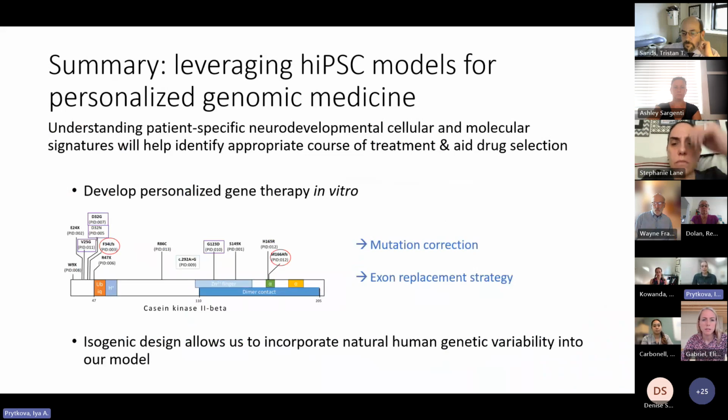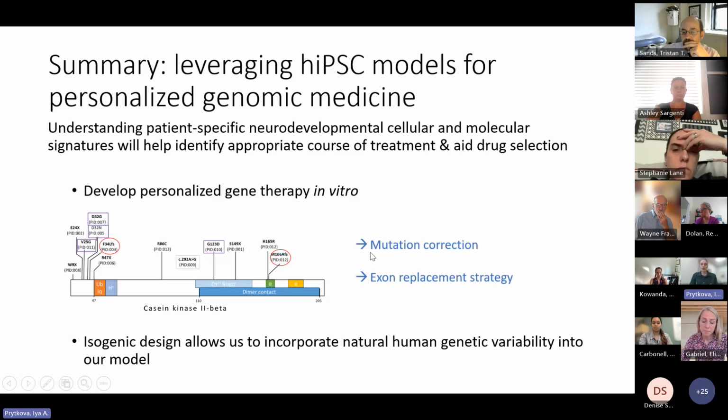So to quickly summarize, we are trying to leverage these human induced pluripotent stem cell models for personalized genomic medicine so we can understand patient-specific neurodevelopmental, cellular, and molecular events and can identify the appropriate course of treatments, a drug selection, and with these assays, we can develop personalized gene therapy in vitro.